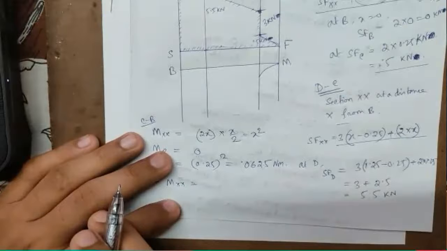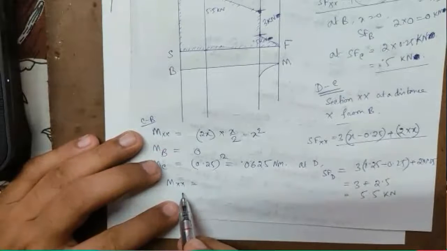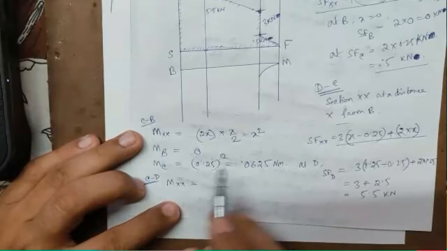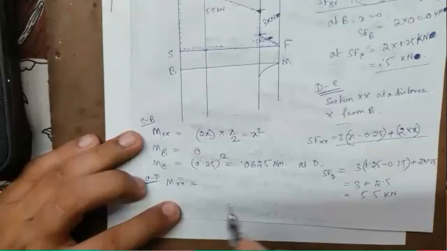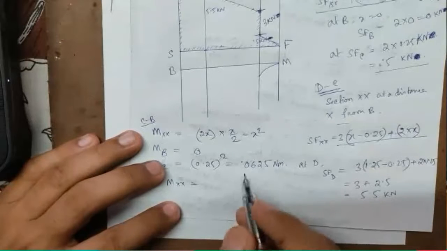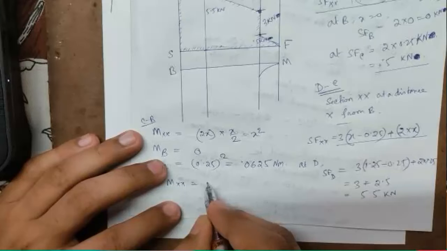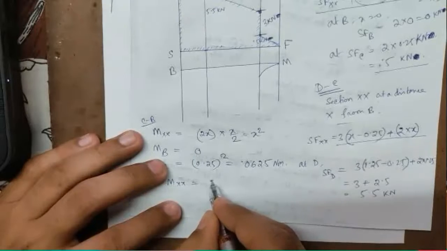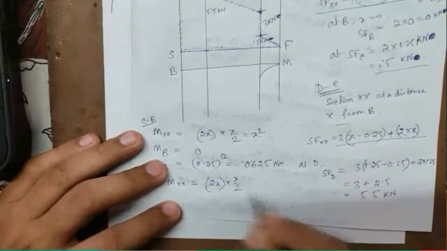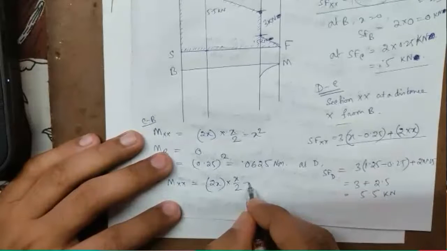Now at a section between C to D, if the x is taken, so for this uniformly distributed load, the load will be 2x working at a distance of x by 2, plus for the 3 kilonewton point load, it will be at a distance of x minus 0.25.